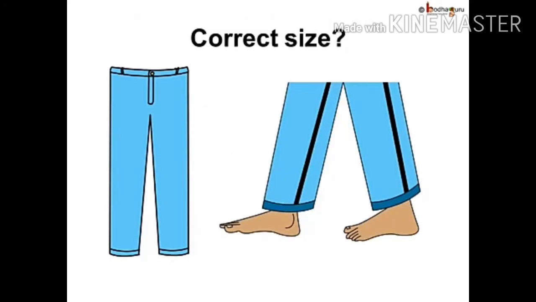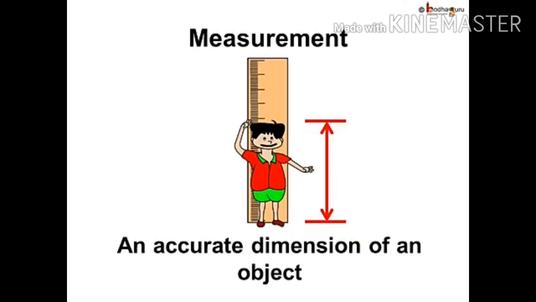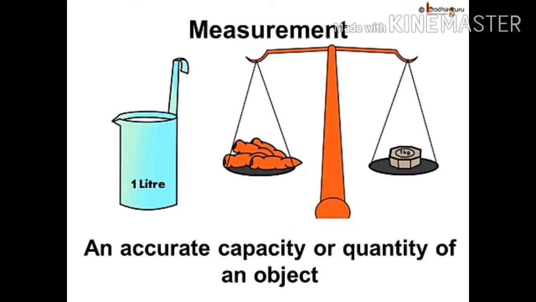Let's take another example. How do you verify that a new pair of pants is of correct length for you, that is, of your exact size? For this, you measure your length, right? So what is measurement? By measuring, you get accurate dimension, that is length, breadth or height, accurate capacity or quantity of an object.